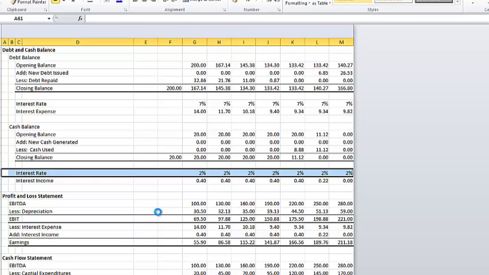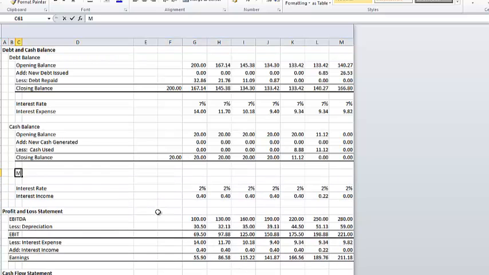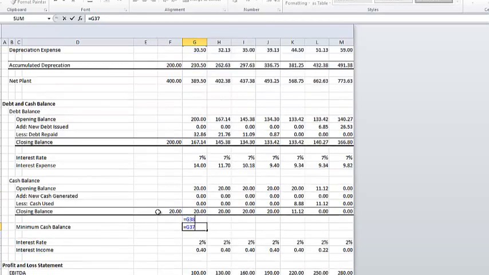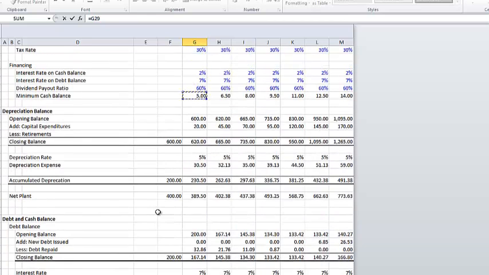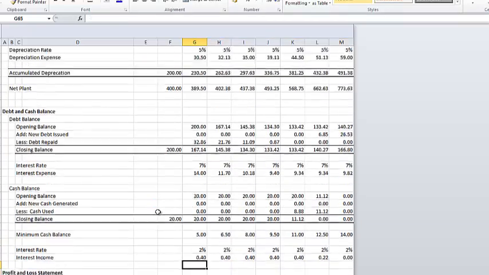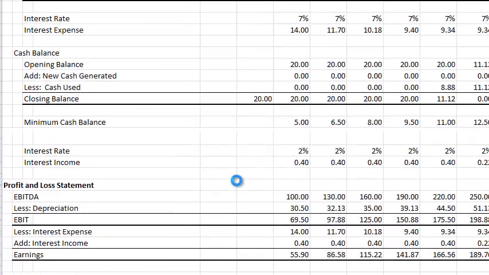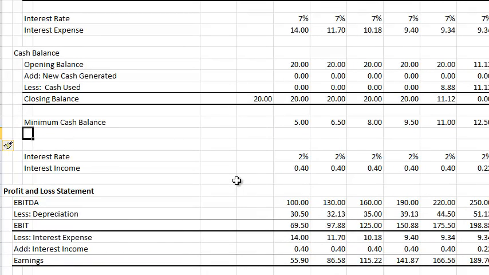Here's a suggestion on how to do that and make it transparent. So let's put our minimum cash balance here and just take the assumption we just entered. Okay, and then let's add another line, and we'll put surplus cash available for negative cash flow.